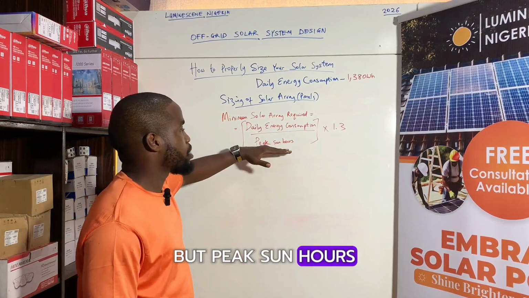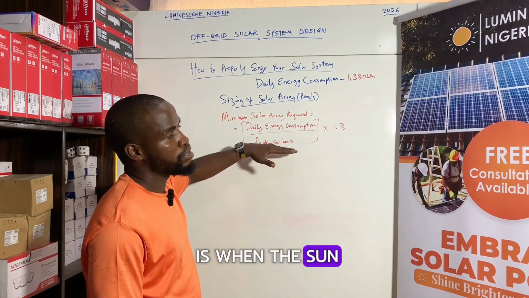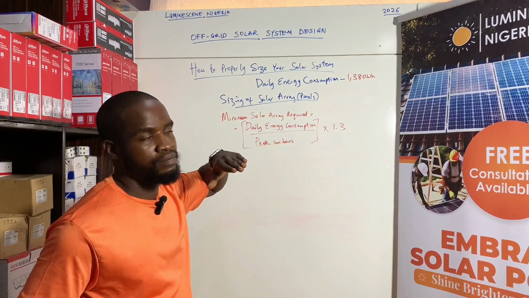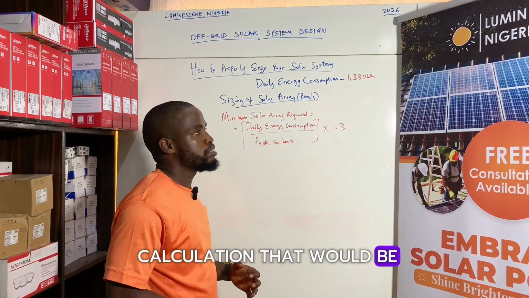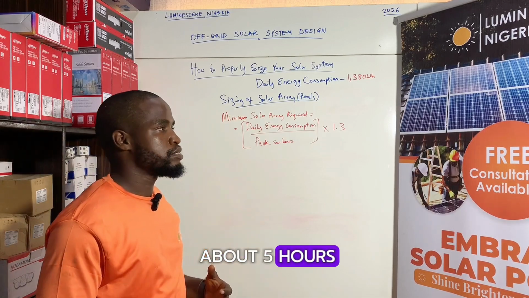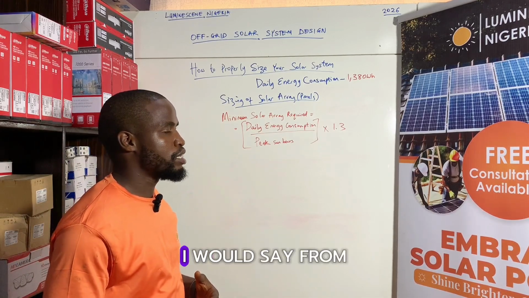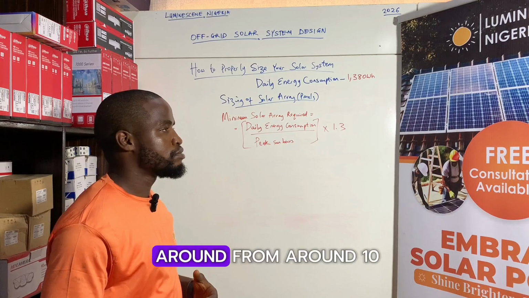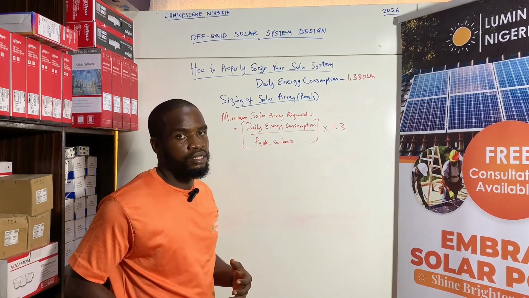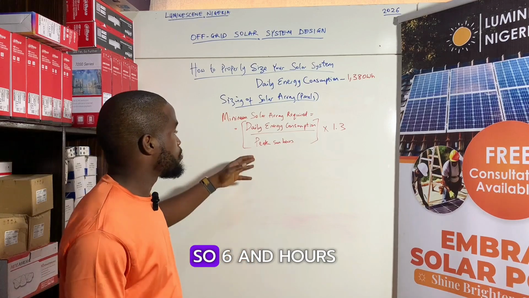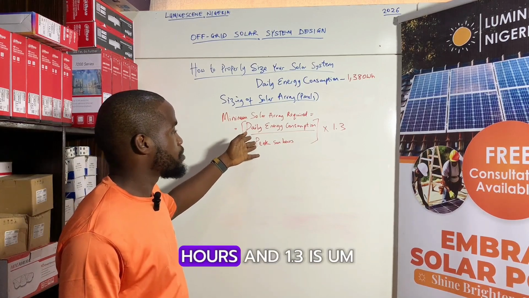But peak sun hours is when the sun is at max. So based on calculation, that would be about 5 hours. Personally, I would say around 10 to around 3. So peak sun hours for me is 5 hours.